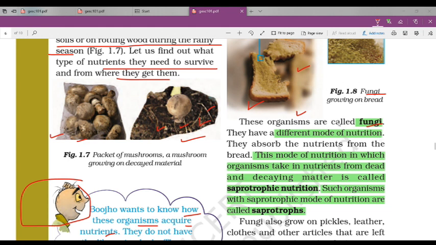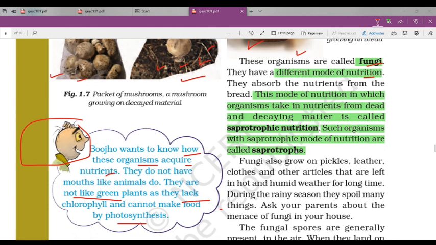They have a different mode of nutrition, and that is called saprotropic nutrition. The mode of nutrition in which organisms take in nutrients from dead and decaying organic matter is called saprotropic nutrition.